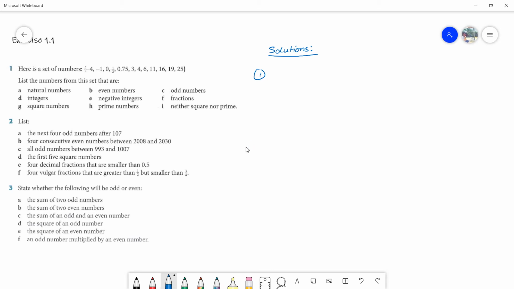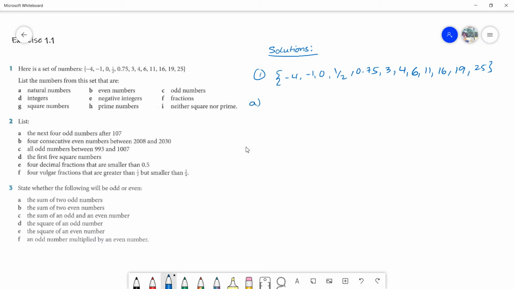So the first thing whenever you go to solve a question is you first write the key points of the question. They have given you the numbers, so you just copy the numbers back. -4, -1, 0, then a half, 0.75, 3, 4, 6, 11, 16, 19, and 25. All right, great.